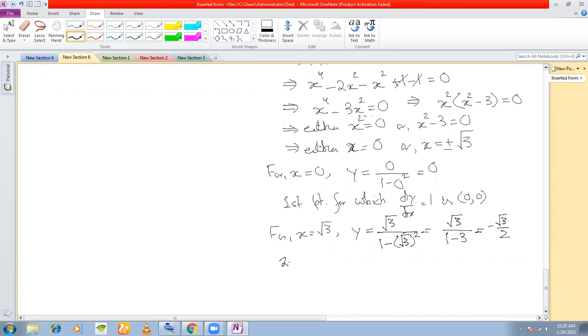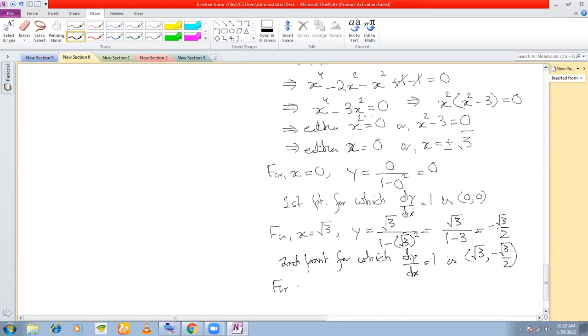So the second point for which dy/dx is equal to 1 is (root 3, minus root 3 by 2).